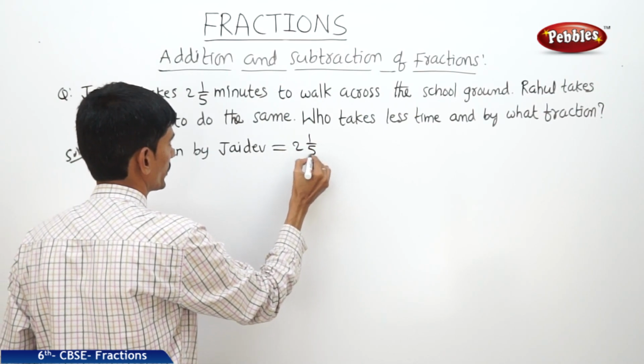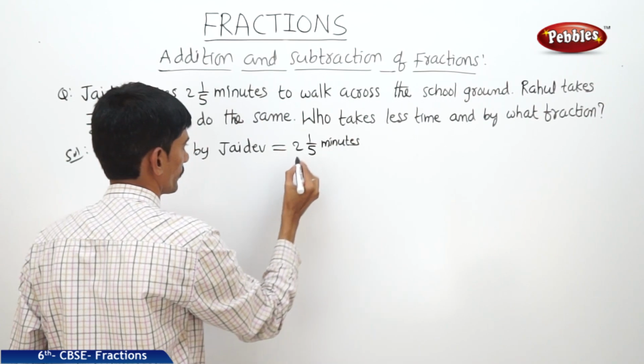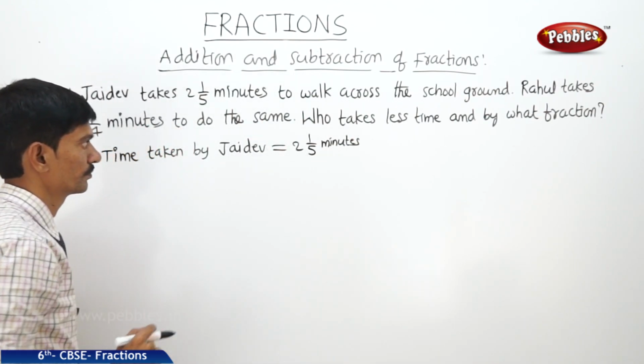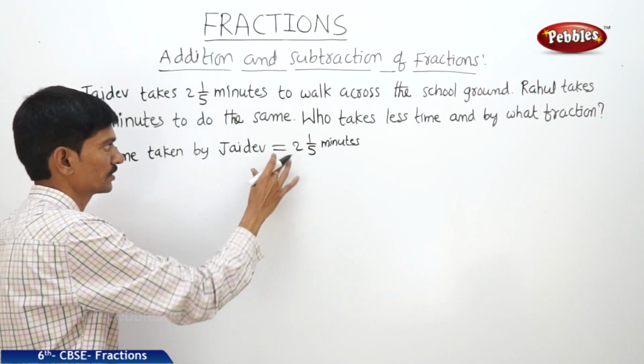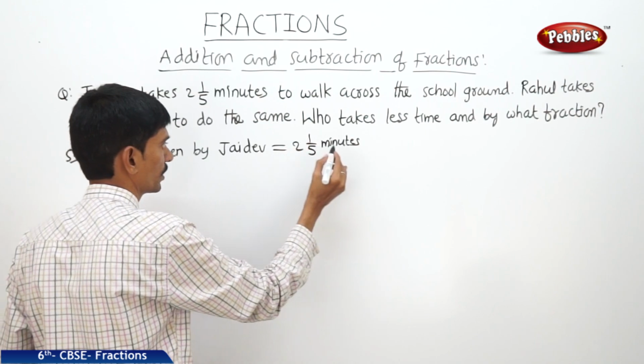If you write this mixed fraction as an improper fraction, 5 twos are 10 plus 1, 11/5 minutes.